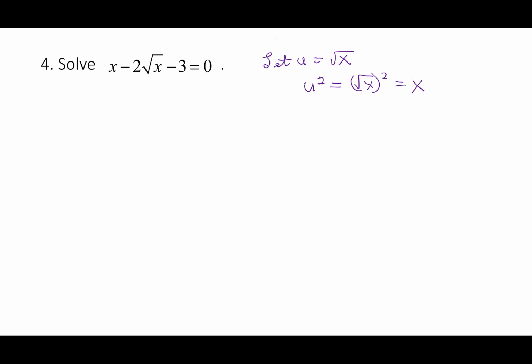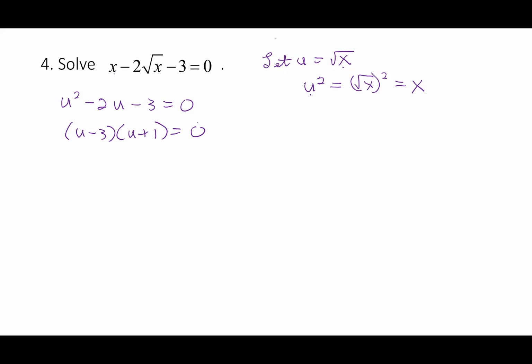So I can replace x with u squared. That means I have u squared minus 2 times u, which is square root of x, minus 3 equals 0. One advantage to this u substitution is that it makes factoring easier. Now I can factor my equation into u minus 3 times u plus 1 equals 0.